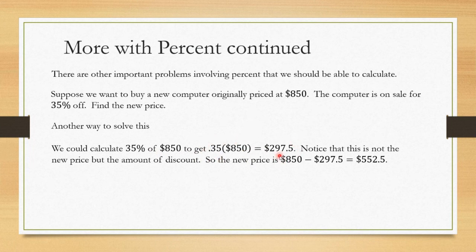So this is what 35% is of 850. But that's not the new price, remember. That's how much they're removing, how much the discount is. So to get the new price, we subtract, and behold, we get the same thing as before, which is what is expected. Okay, that was fun.